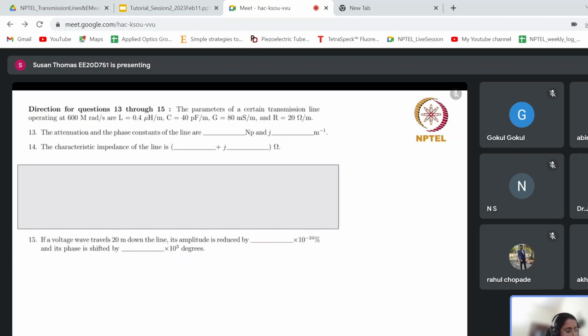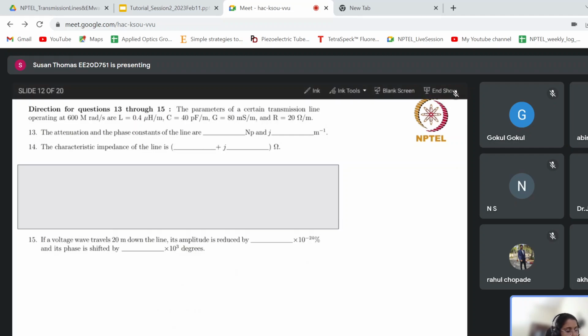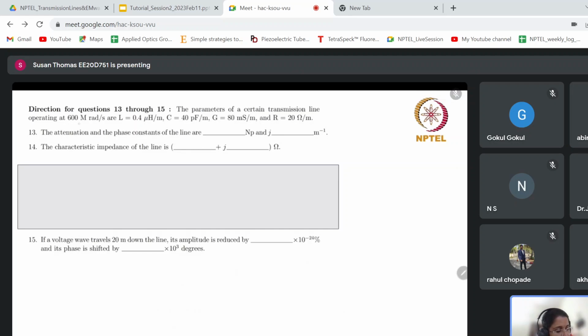Okay. So the next question is the parameters of a certain transmission line operating at 600 mega radian per second. So this is basically the omega, 600 into 10 power 6, and L, C, R, G. I hope you all know R, L, G, C are the primary constants of the transmission line.